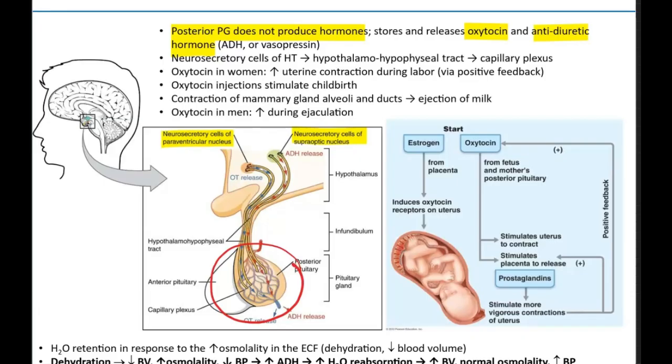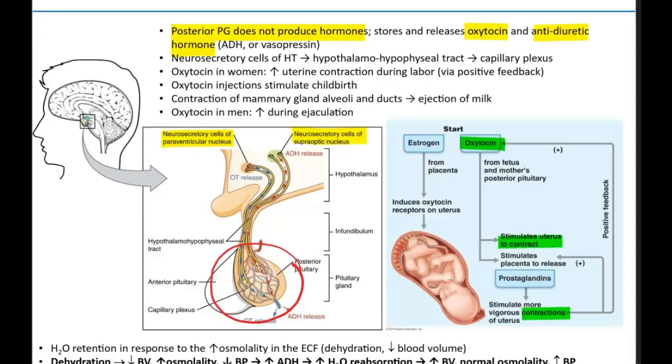But look at this. The contractions of the uterus, okay? Contractions of the uterus, they stimulate oxytocin release from the posterior pituitary, which in turn stimulates the uterus to contract.